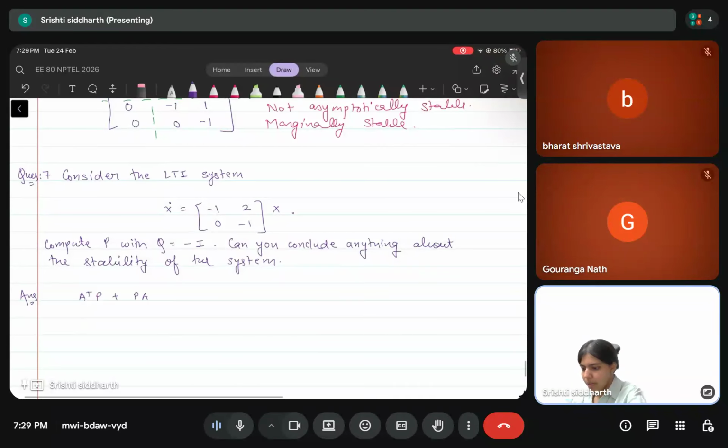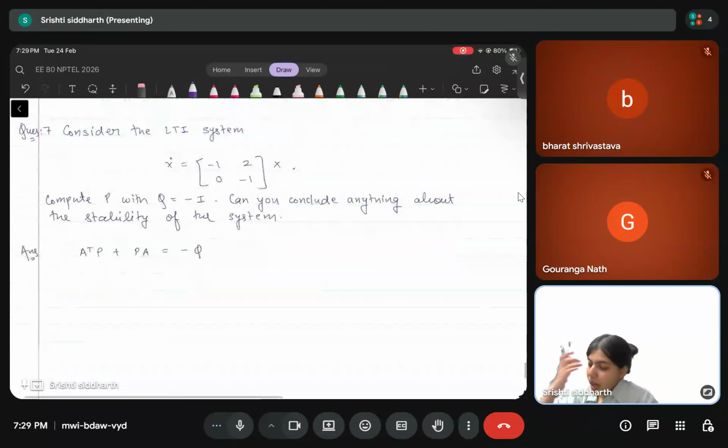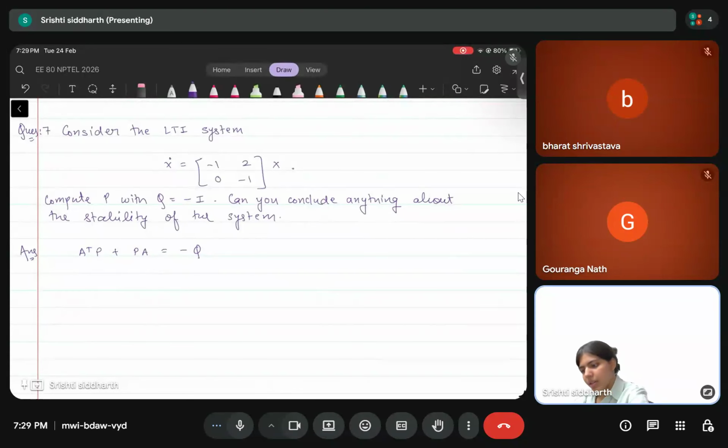A transpose P plus PA equals -Q. Okay. And Q should be symmetric and positive definite. So if Q is I, this is 1, 0, 0, 1.